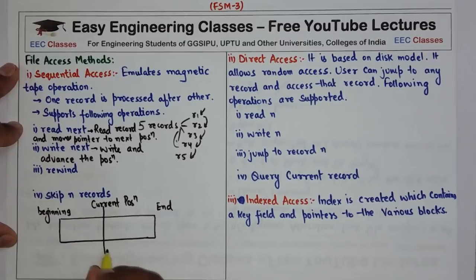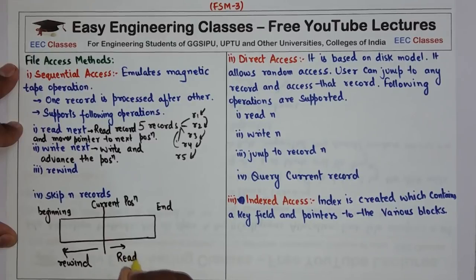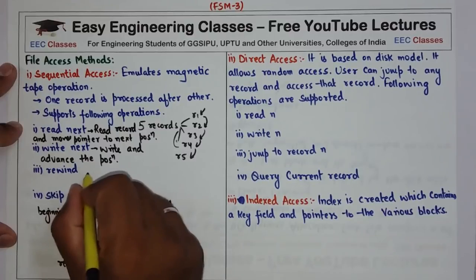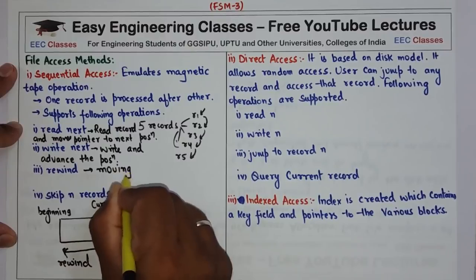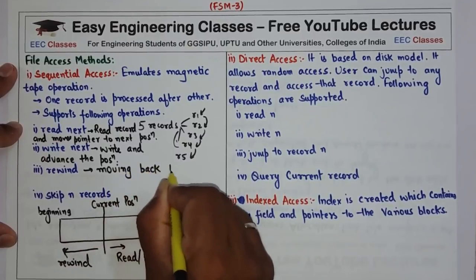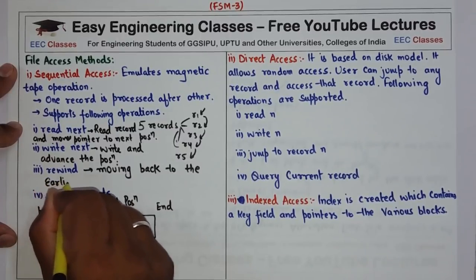If a user wants to come back, then the user needs to issue the rewind operation command to come back to the beginning position. And to move in the forward direction, user needs to use either read or write operation. So this is rewind. It means moving back to the earlier location.